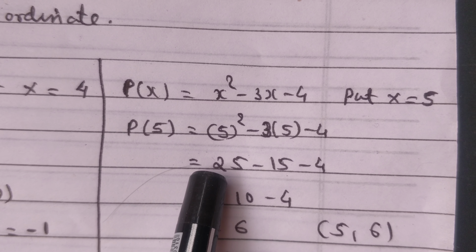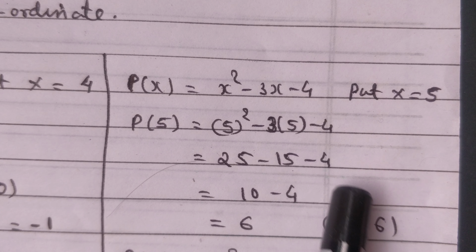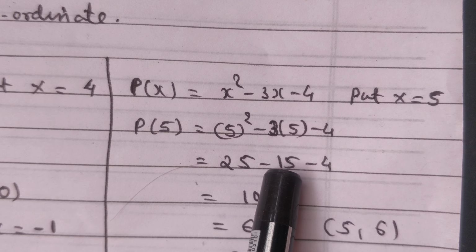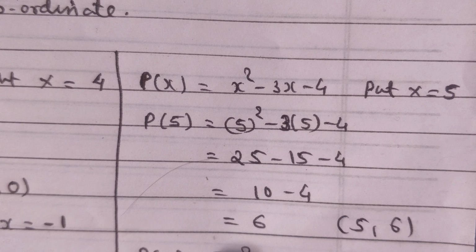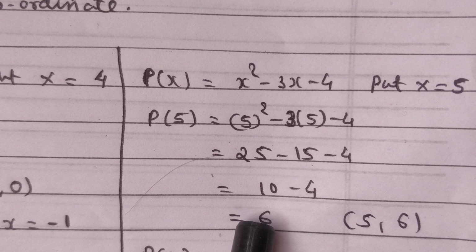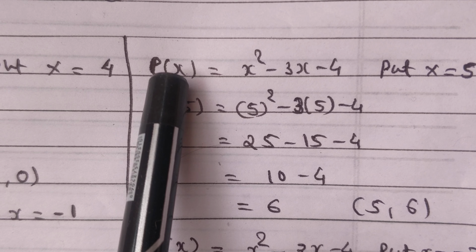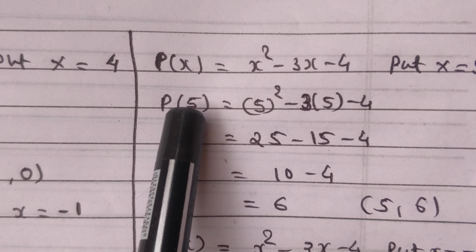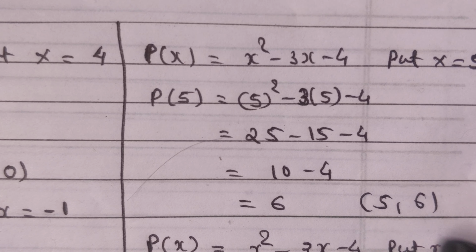Square of 5 is 25, 3 fives are 15, minus 4. 25 minus 15 we get 10, and 10 minus 4 is 6. So this is the answer, the y coordinate, which is 6, and the value of x is the x coordinate. So here the x coordinate is 5 and the y coordinate is 6.